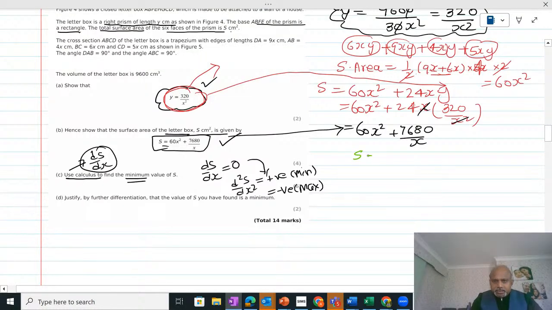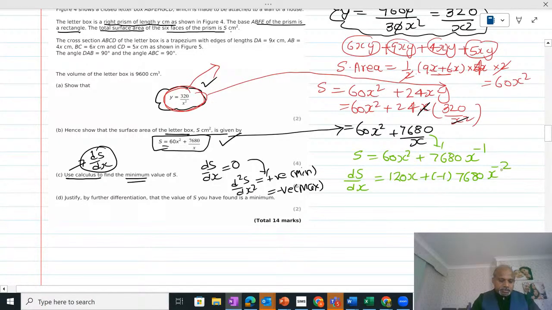Our S is 60x squared, and this we can write as 7680 x to the power minus 1. So dS over dx should be 120x, and minus 1 times 7680 x to the power minus 2.